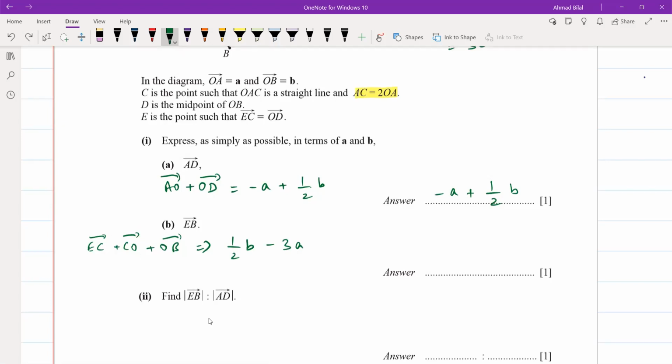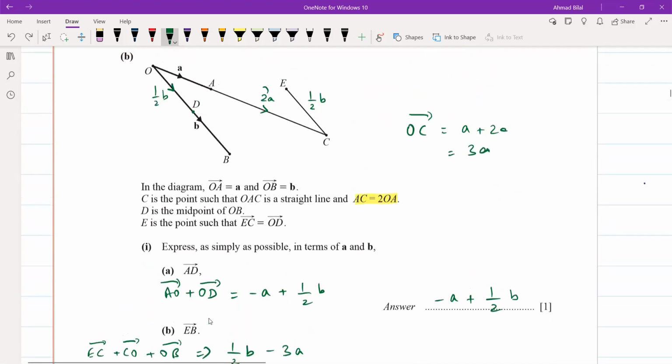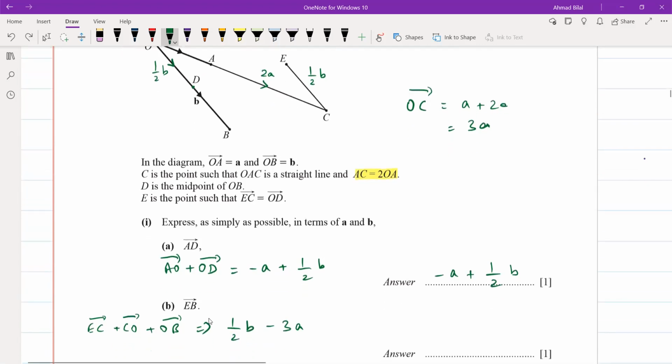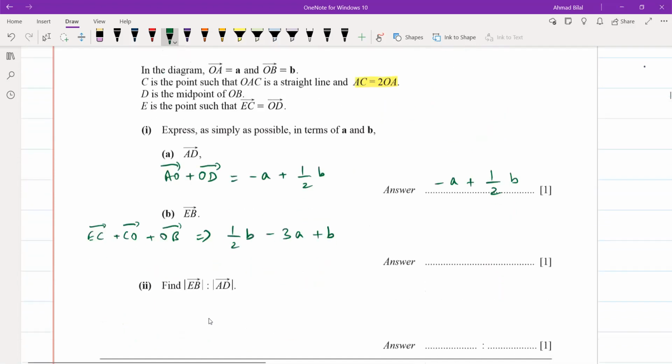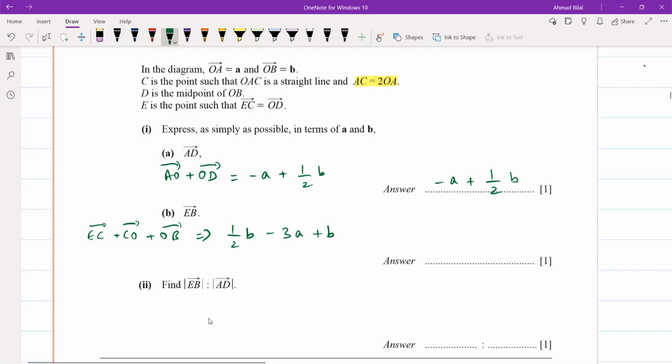CO क्या हो जाएगा? -3A, because this is 2A, this is A, total 3A हो गया, लेकिन वो 3A इस डायरेक्शन में है, O से C की डायरेक्शन में। इसका उल्टा करना है तो वो -3A हो जाएगा। What about OB? OB हमें पता है that is just B. We've got B there. We simplify this and we will get 3/2B from there, and then -3A. That is the vector EB.